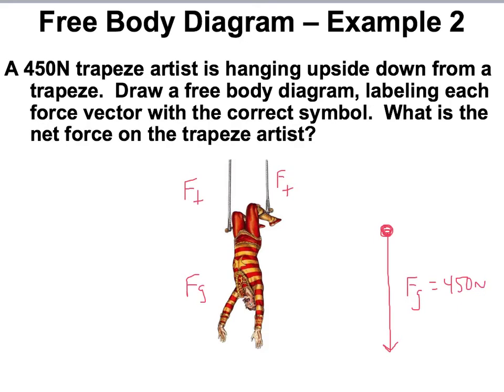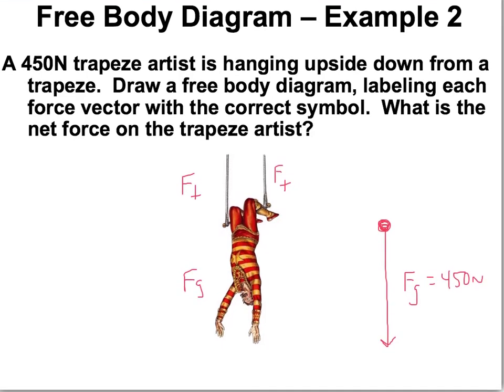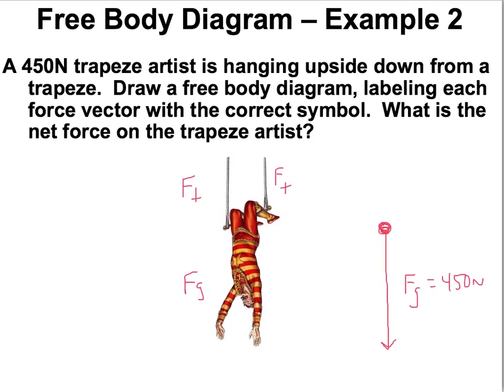And those are actually going to balance out the 450 newtons going down. So I want to make sure to draw each one only half the length of the gravitational force. And then I want to make sure to label them. Hopefully yours will look nicer than mine. 225.